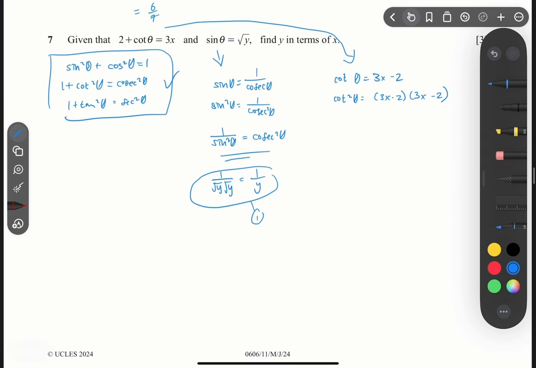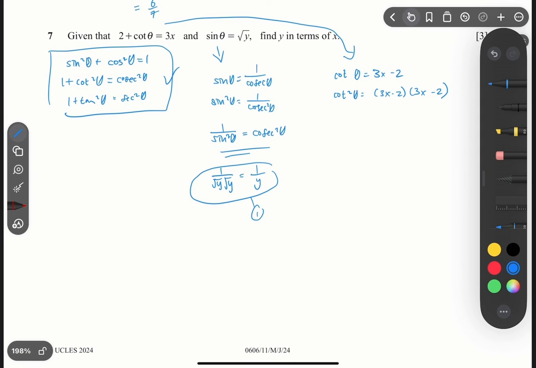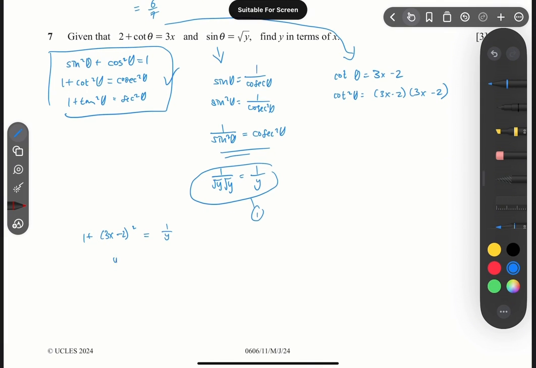So now we have the value for cosec and also cotangent. So we just sub it in. 1 plus, and to find y in terms of x, you can just rearrange this equation. So this is the answer.